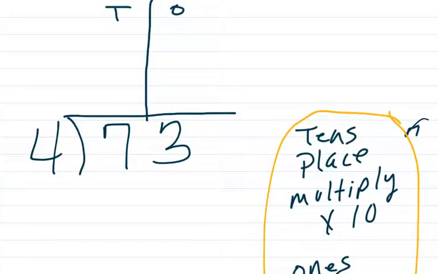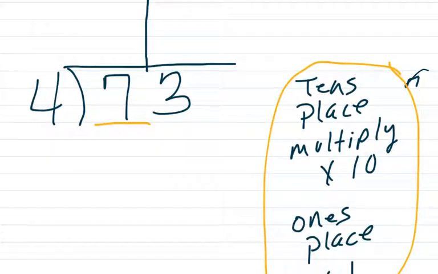So now the first thing that I need to think of is I'm looking at my tens place and I'm asking myself, can I make groups of 4 with the number 70? I'm not looking at my 3, I have it covered up, but can I make groups of 4 with 70? When I'm looking at my tens place, I'm multiplying my 4 times 10.